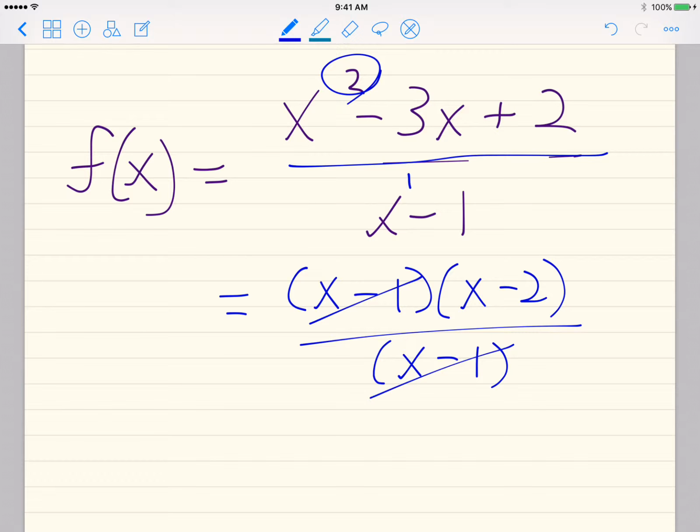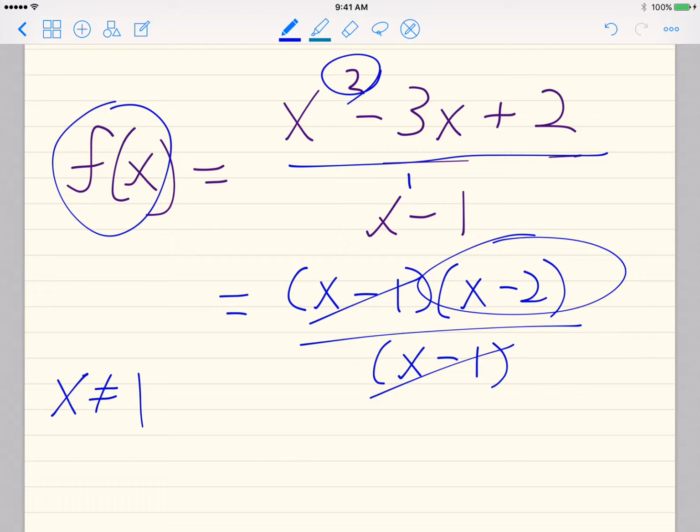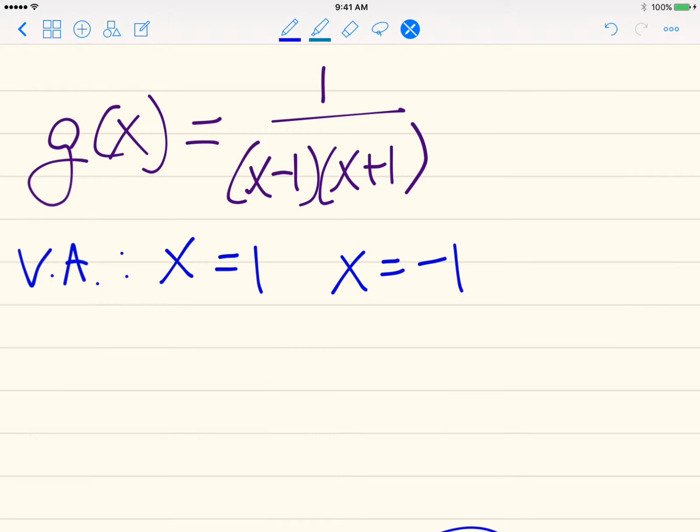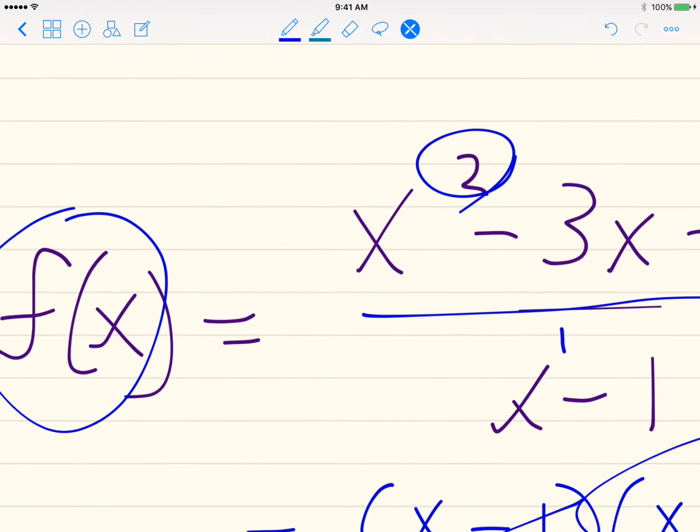So though x cannot be 1, this whole function f of x behaves like a line, basically a linear equation, x minus 2. So the moral of the story is that any rational function that has a higher degree on the numerator as opposed to its denominator will not have a vertical asymptote. We're going to talk about vertical asymptotes if the degree on the bottom is higher than the degree on the top.